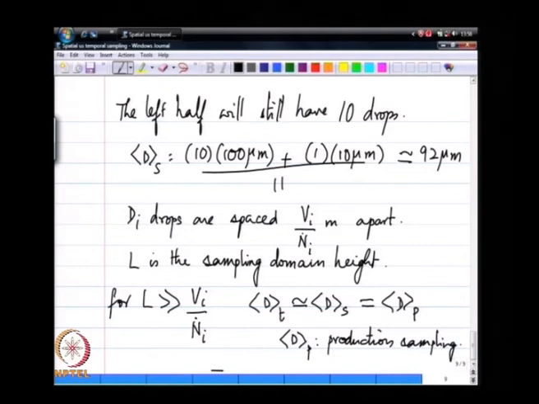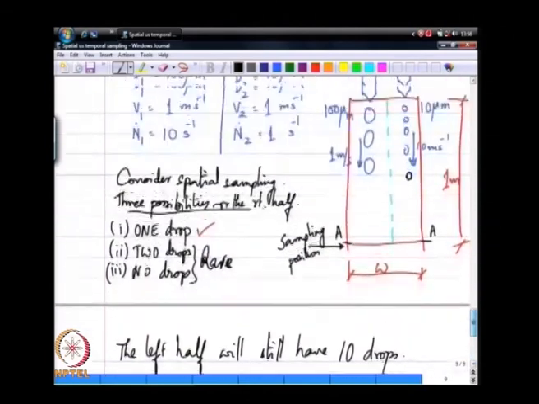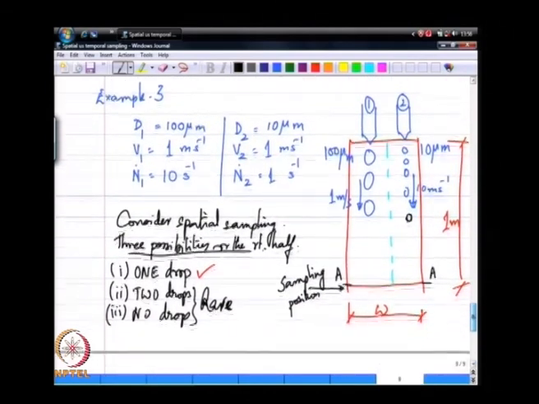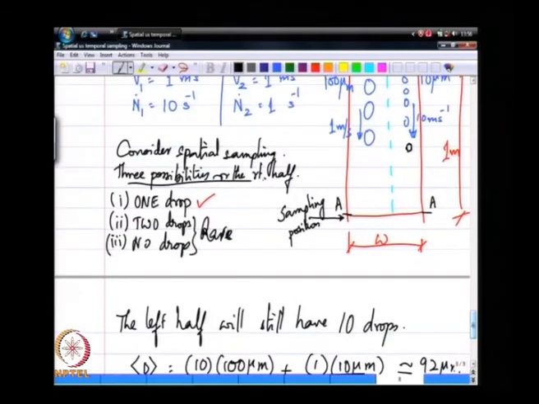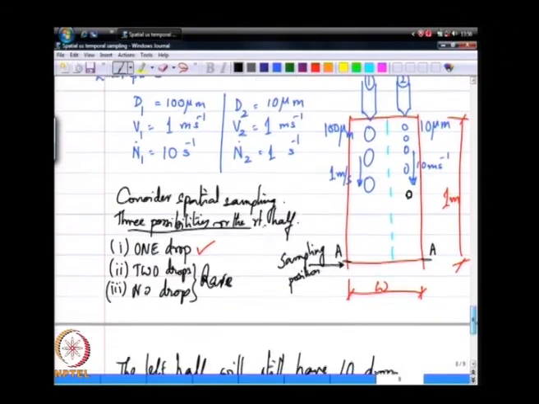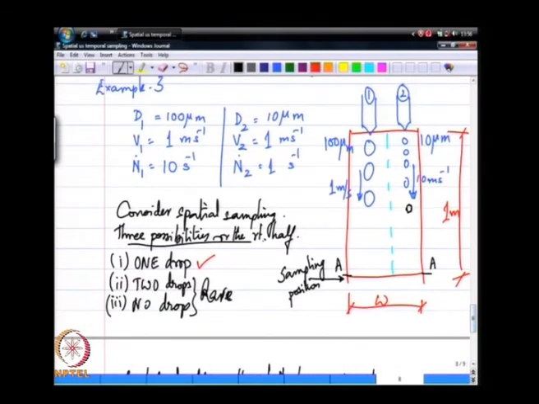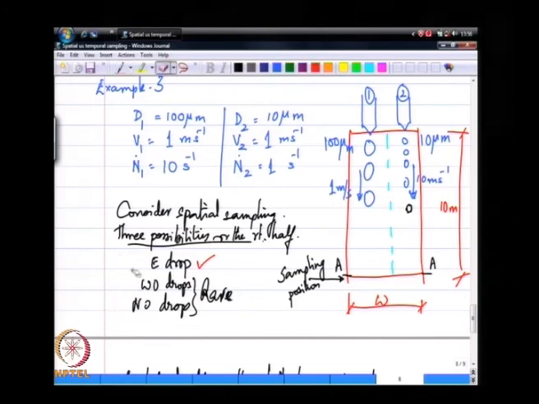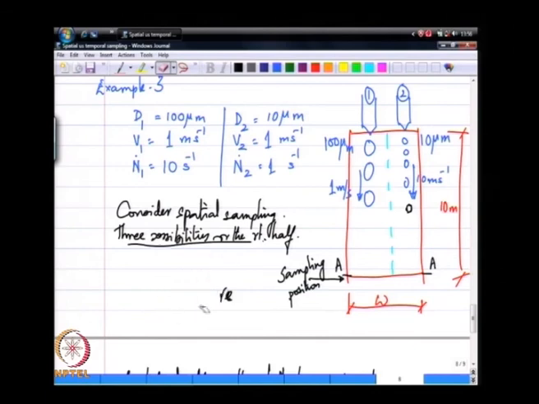I can now come back and quantify this effect of the size of the domain. So, let us say instead of 1 meter, if I went up to 10 meters, same exact system, what are the possibilities that I have here? Instead of 3 possibilities, I actually have many more, but we will rewrite this.